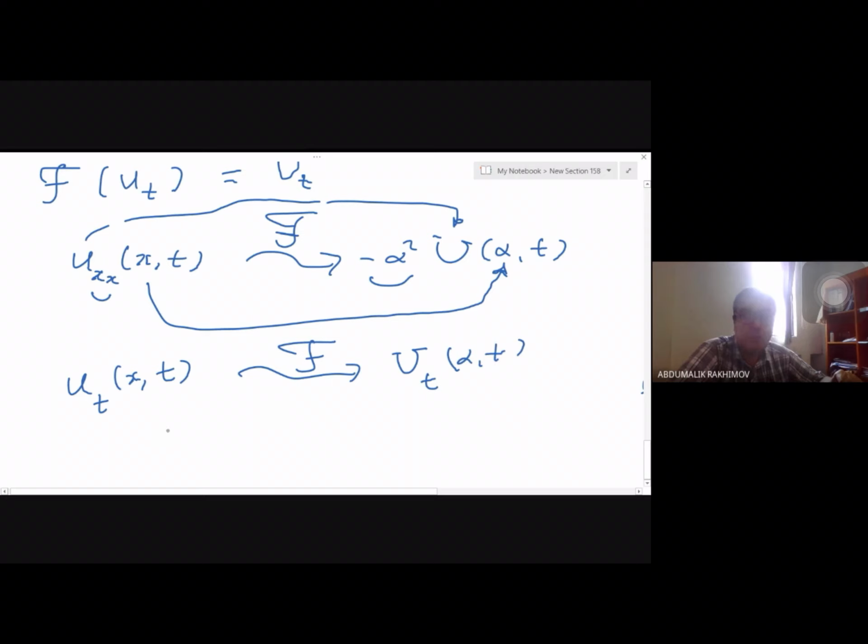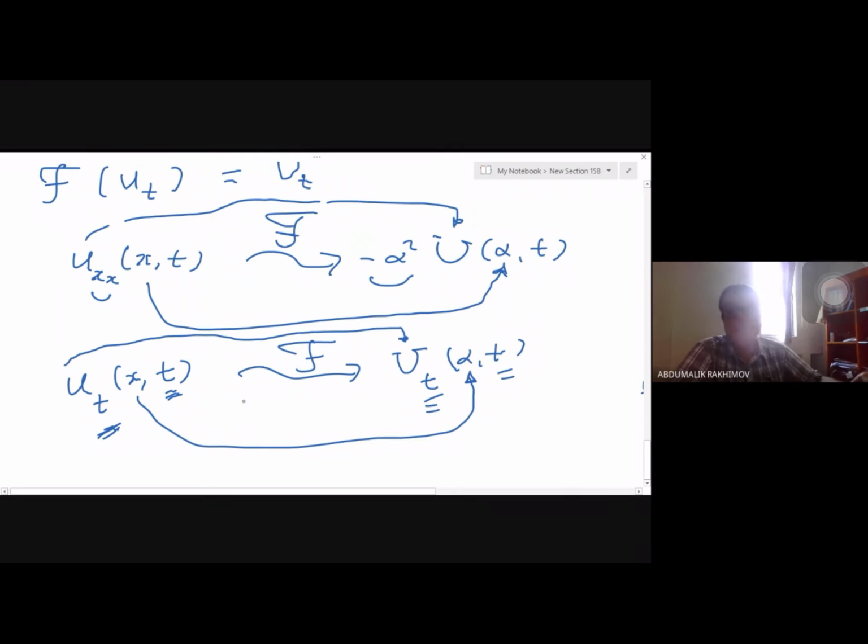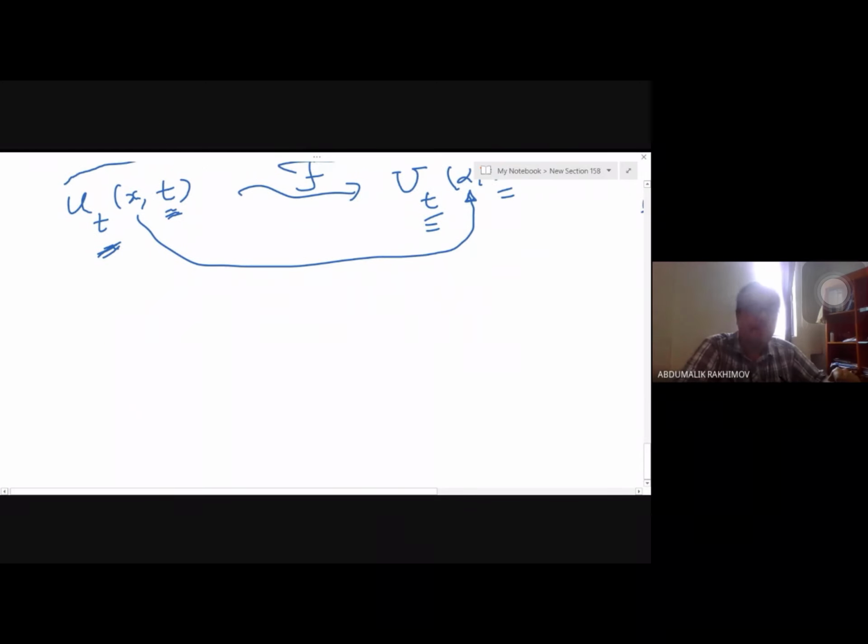So no changes for t. The t derivative is the same, because the transformation is with respect to x. x is changing to alpha and u is changing to U capital. That's all.